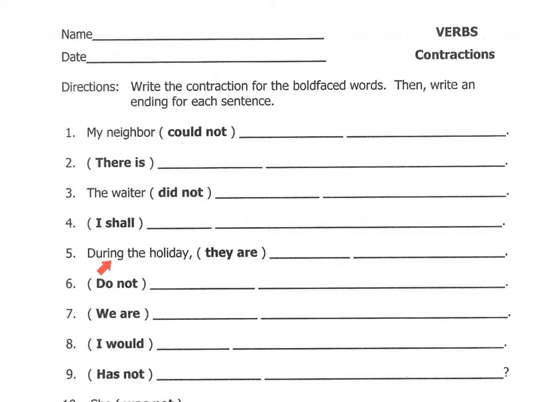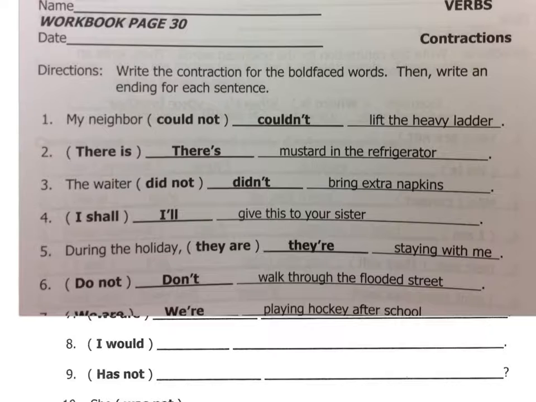Number 5. During the holiday, they're staying with me. Now you're going to do 6 through 18, but let's first check 1 through 5 together. My neighbor couldn't lift the heavy ladder.